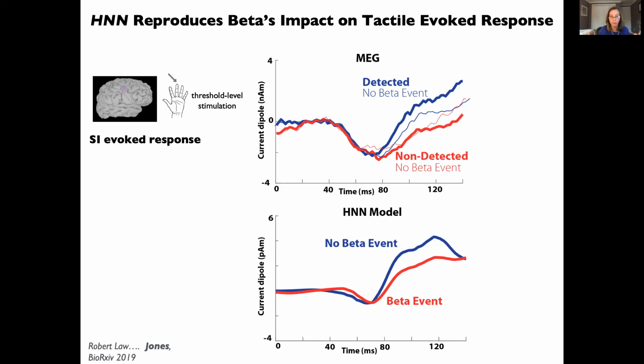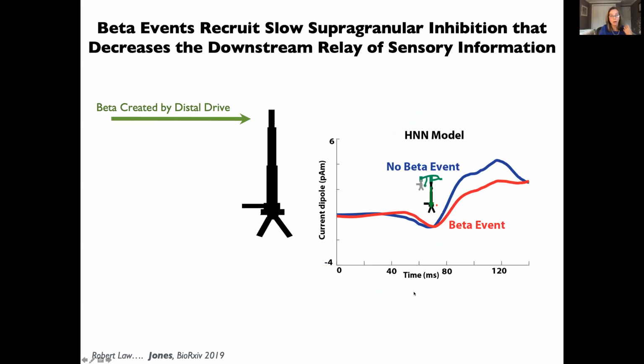So what's going on in the model? Why is it that when I simulate a beta event in the tap, I get a response that looks like this, and when I don't, I get a response that looks like this? And how does that correspond to the subject saying, I did or didn't feel the tap to the finger? Well, without going into a lot of the detail, what the model is suggesting is as follows.